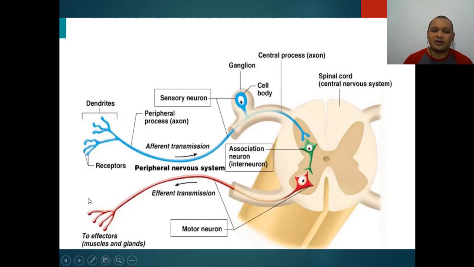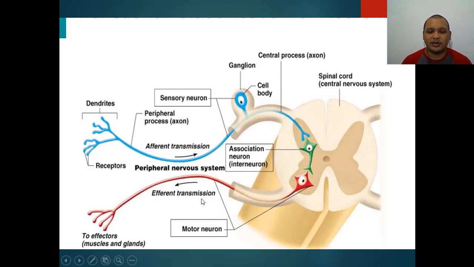So you can directly move your hand, or move your body part when it touches a hard object. Again, we have three types of neuron: the afferent neuron, the interneuron, and the efferent neuron.